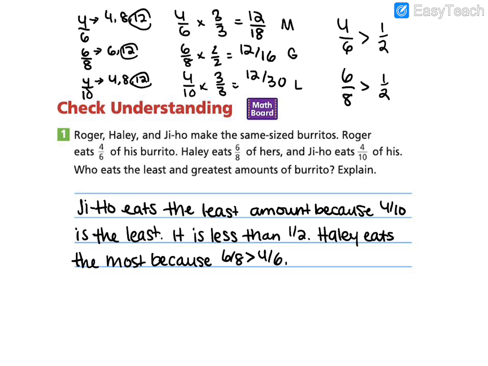Kaylee ate the most because 6/8 was greater than 4/6. You could have also compared all of them using a common numerator or denominator, but that was going to take a lot longer to find a common denominator. Okay, so 12/30 was the least, 12/16 was the greatest, 12/18 was the middle. So I know Haley ate the most and Jai-Ho ate the least.